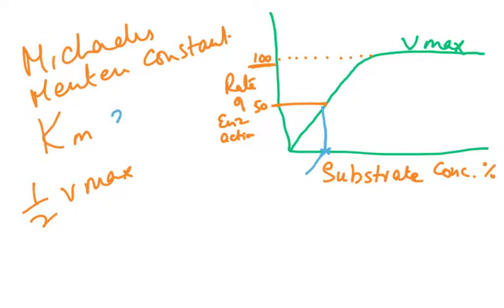So say it is 5. Here we have 2, 3, 5, 6, 7, 8 and things like this. So the value of the substrate concentration which you have to study is going to be the Km. So basically Km will be the substrate concentration.